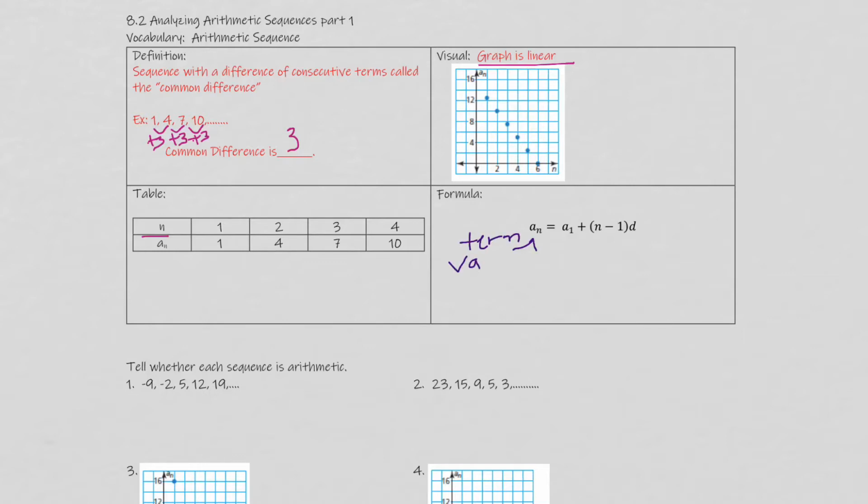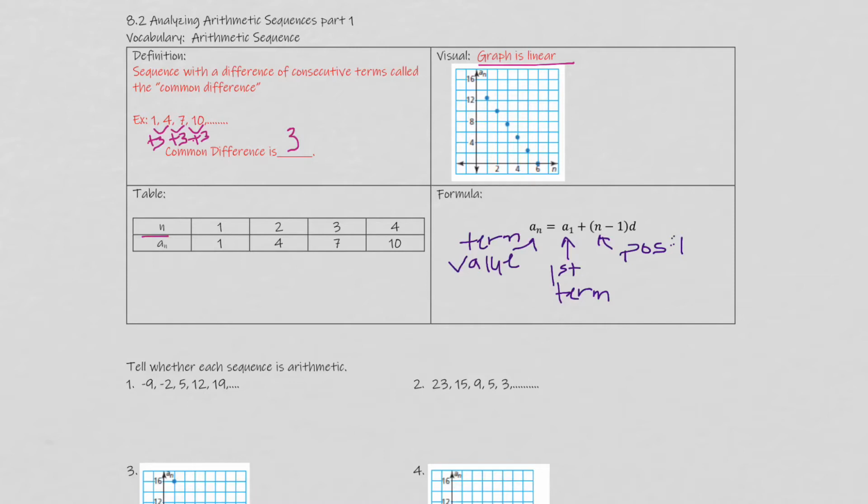My a sub 1 is the first term in my sequence, the first term value. The n is actually the position in the sequence.